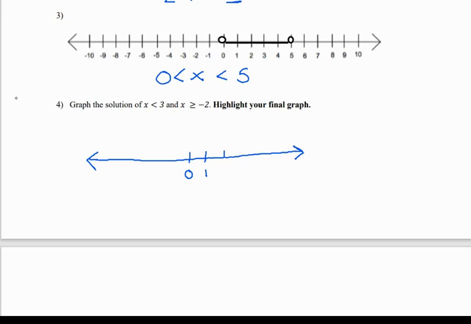And let's do up to 5 on both sides. Okay. So just do that first. That's just graphing. That's just the basic number line.